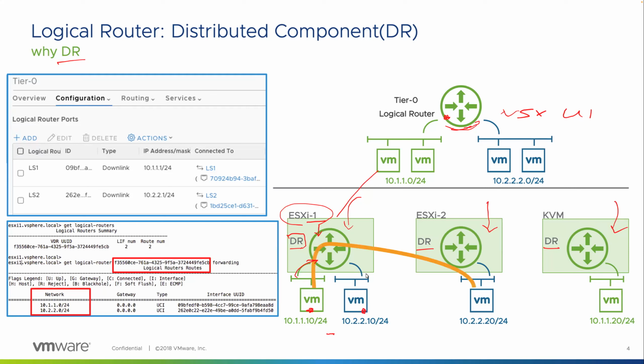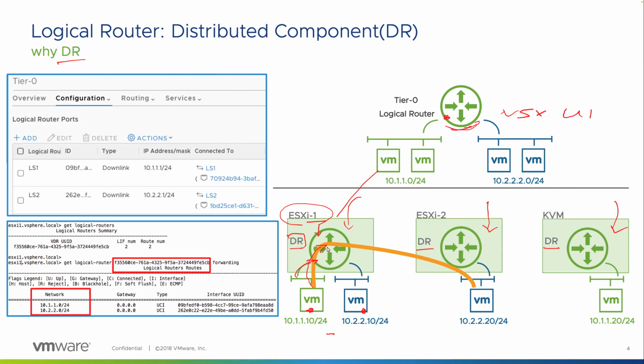Another example is when we want this VM to communicate to this VM, which is located on ESXi2. That means we have to go through this DR, because they are two subnets.